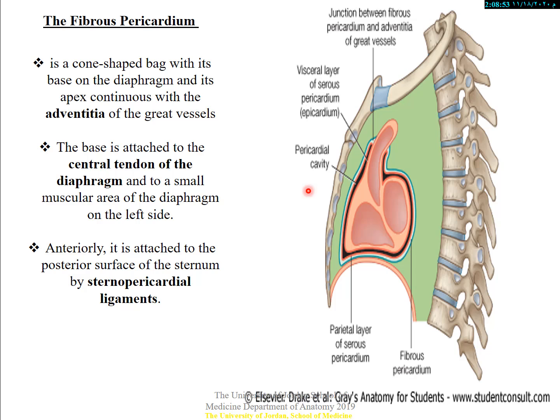Now, if I reflect on what's going on here, it's just as if we give the heart a very smooth protection from the balloon, the serous balloon, visceral and parietal, and the heart moves protected by the pericardial cavity within these two layers in one balloon.